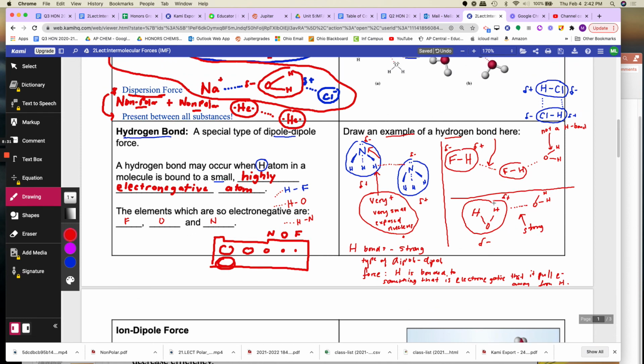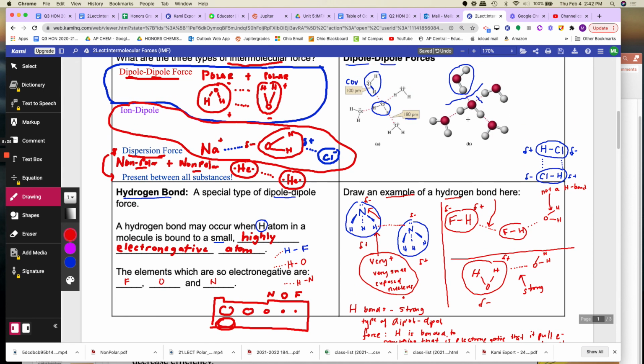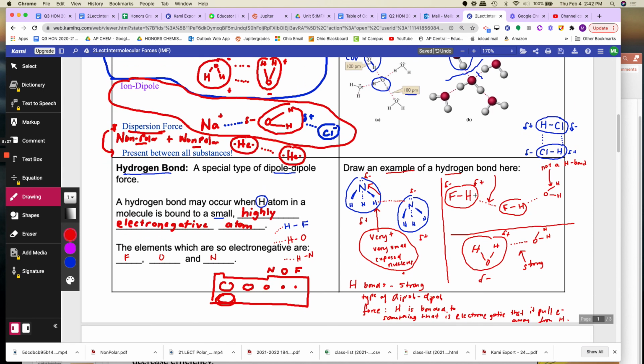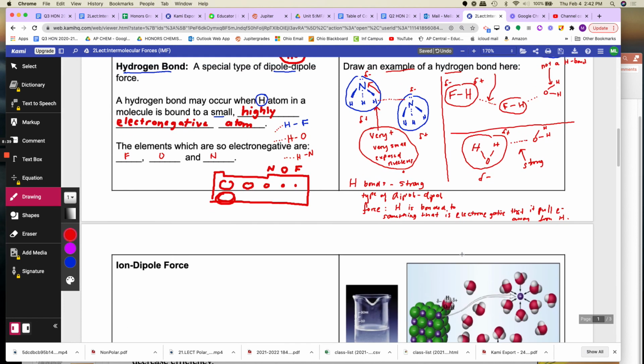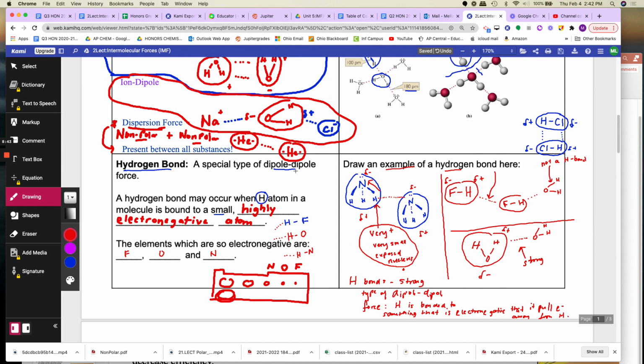And as you can see here, it doesn't only happen once, it happens many times within each water molecule. So again, hydrogen bond is a special type of dipole-dipole force, and it's especially strong. And it happens when the H is attached to F, O, or N. That H can hydrogen bond with something else.